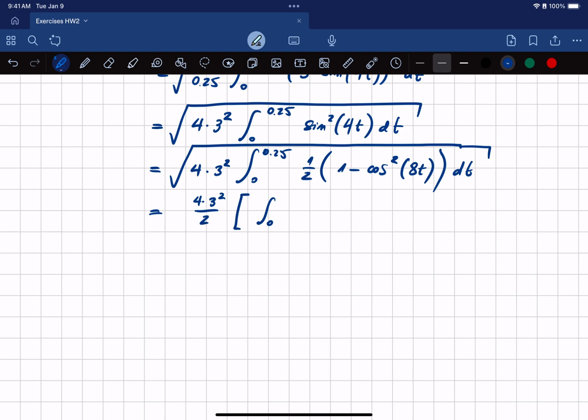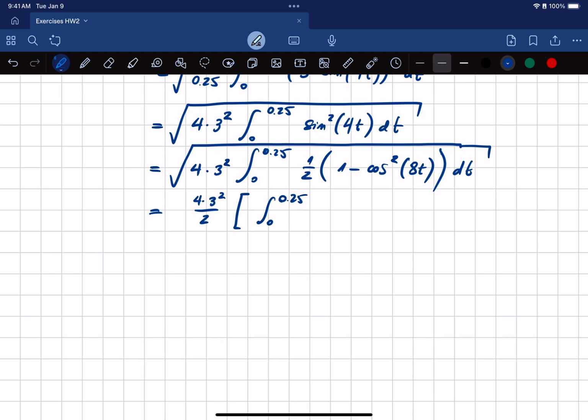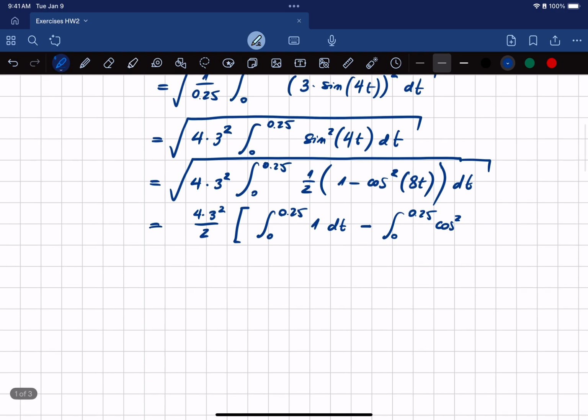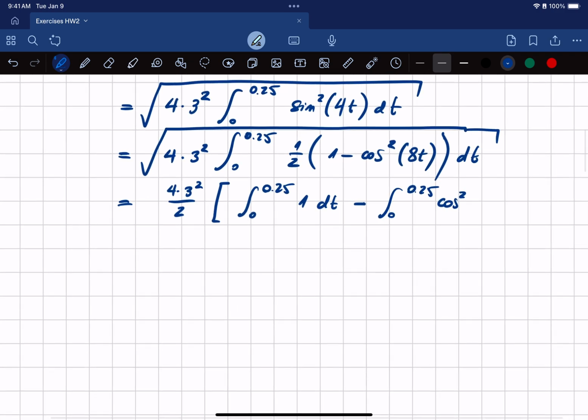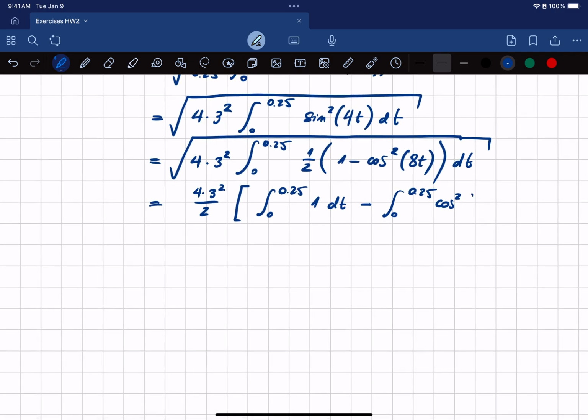I'm purposely not combining all those. 1 dt minus 0.25 cosine of 8t dt. And then the square root.